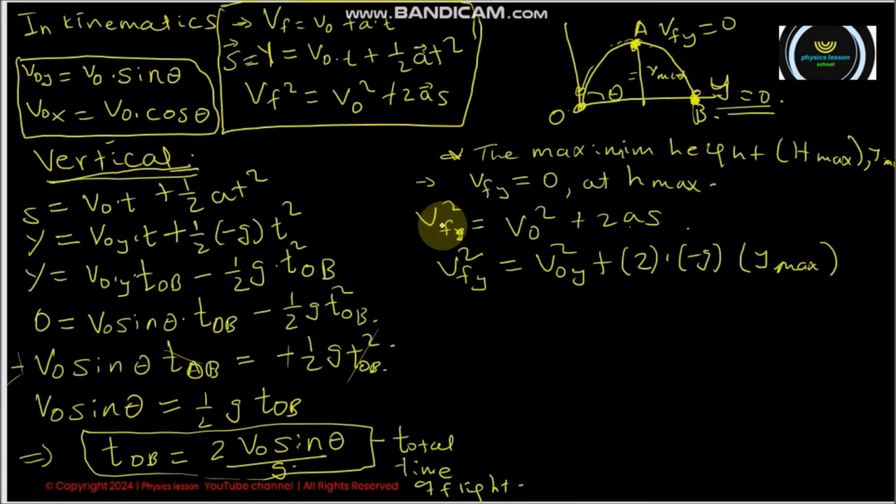Now v final y at this maximum is 0, and v naught y means v naught times sine theta, the whole square.